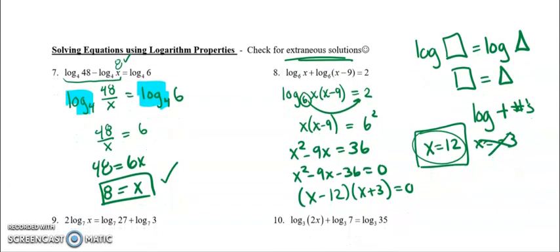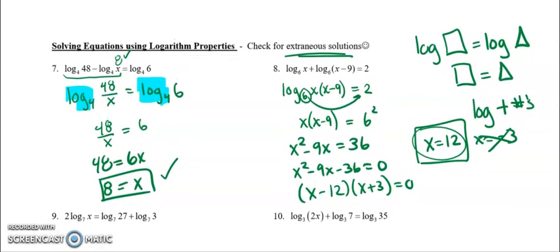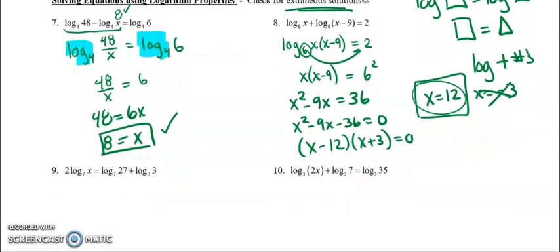Okay, so on these solving equations using the logs, you need to first of all, if there's two logs, smush them back together, condense them so you get just one log before you try to do anything. Something like number 9, you've got this 2 here, push it back up, so then you get log equals log before you set the two things equal to each other.